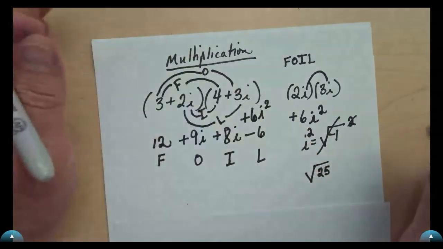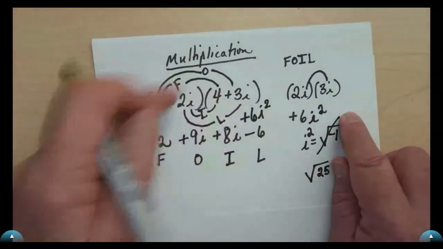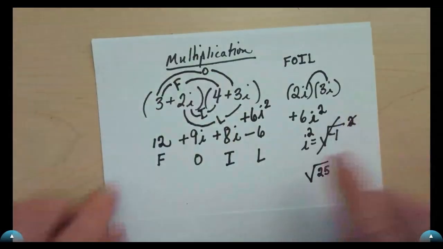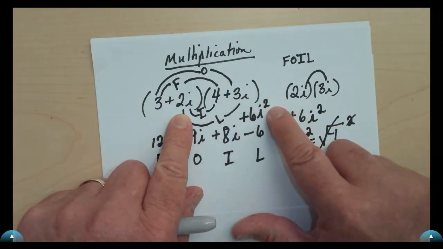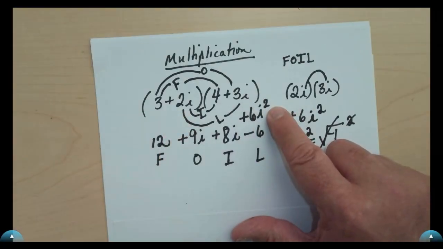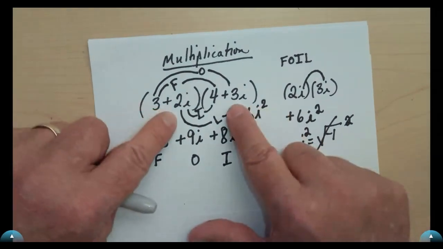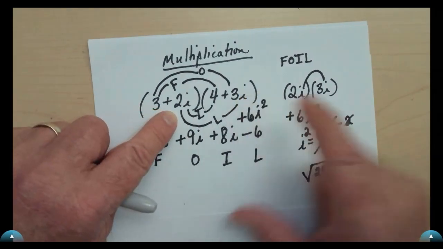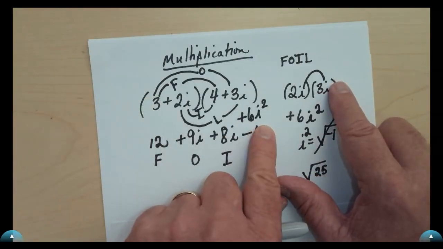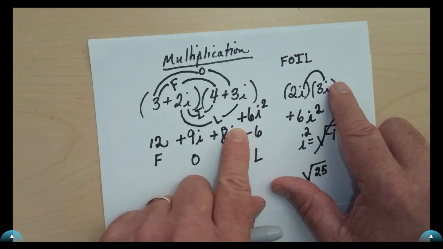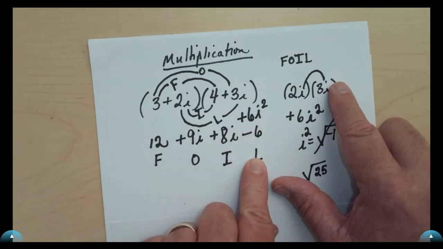Everything is super straightforward. Do y'all agree? We're just distributing. And it's all super straightforward, except you've got to remember that anytime you multiply two i terms, there's going to be an i squared involved, which is actually the real number negative 1. You can kind of see what happens. 2 times 3 is positive 6, but in the end, we reverse that sign because we've got an i squared that makes it positive 6 times negative 1, right?